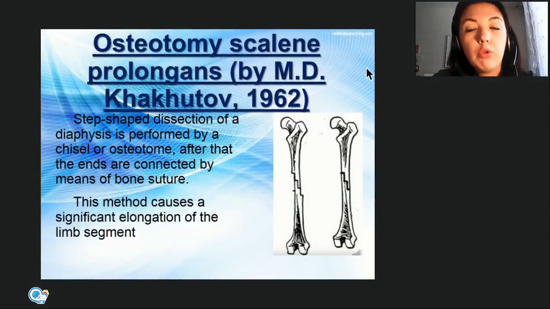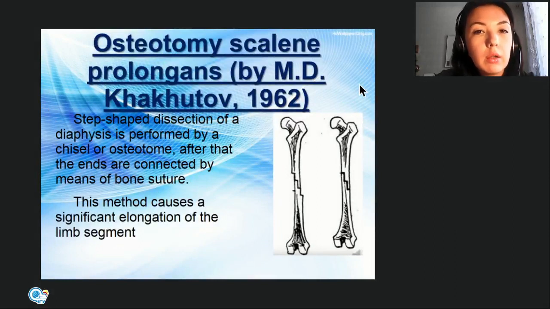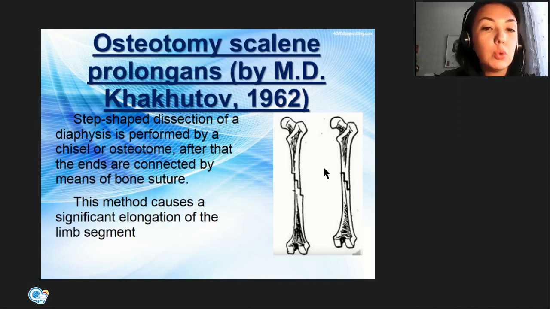There are different types of osteotomy. Here you can see osteotomy scalene prolongans, which was invented by a great Russian surgeon, Khahutov, in 1962. It is used for elongation of the limb. Surgeons perform step-shaped dissection of a diaphysis with a chisel or osteotome, and after that, the ends are connected by means of bone suture.